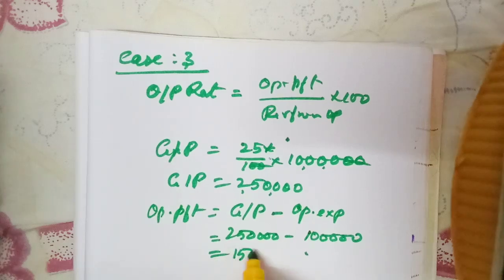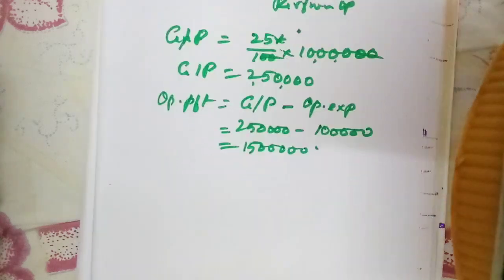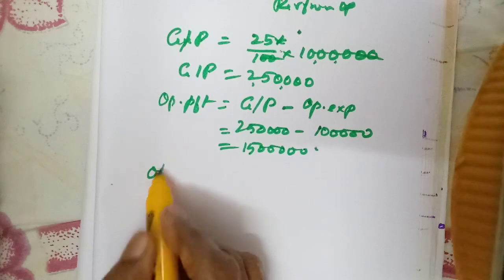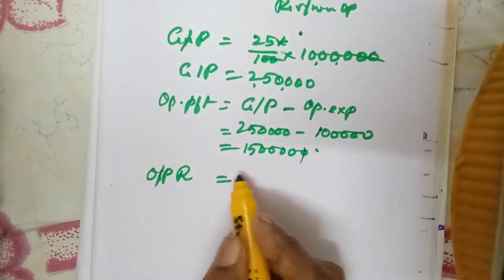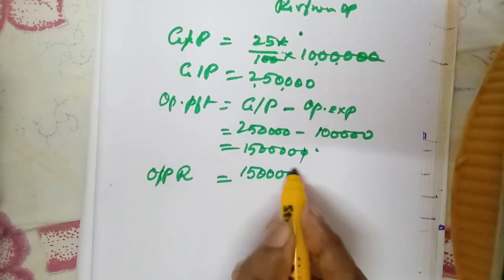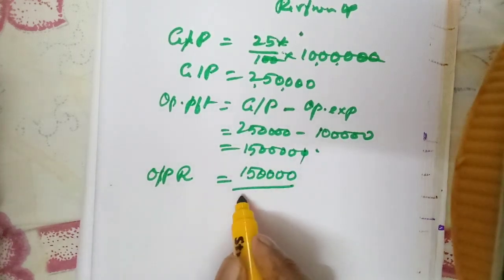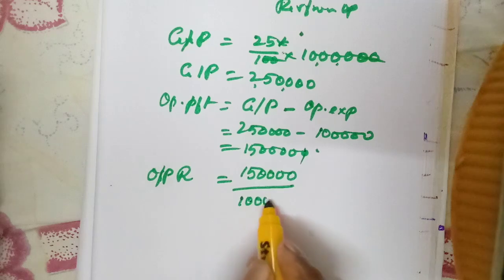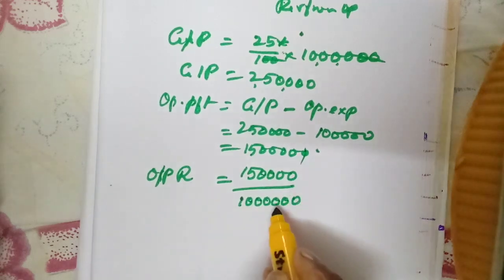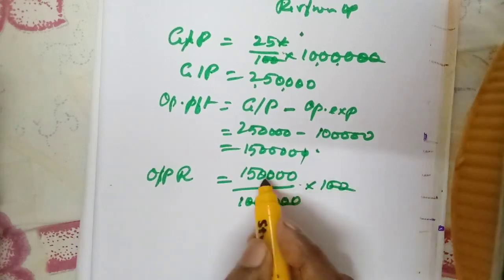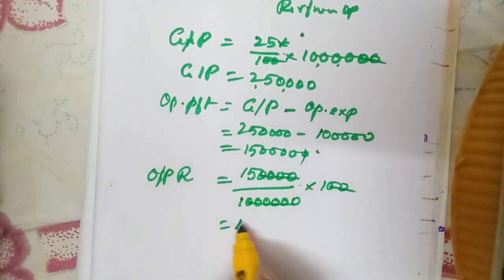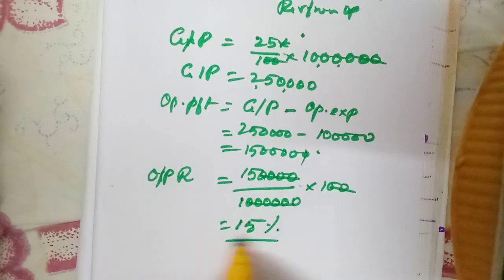So 1,50,000. Now we will calculate the operating profit ratio. Operating profit 1,50,000 divided by revenue from operation 10 lakh into 100. So what is the percentage? 15%.